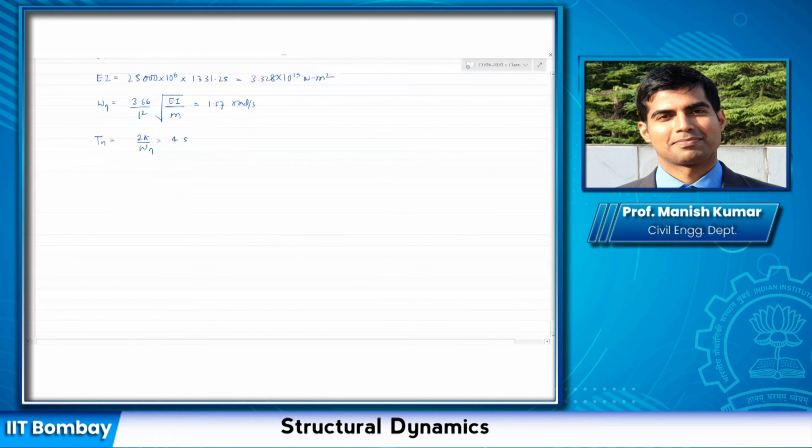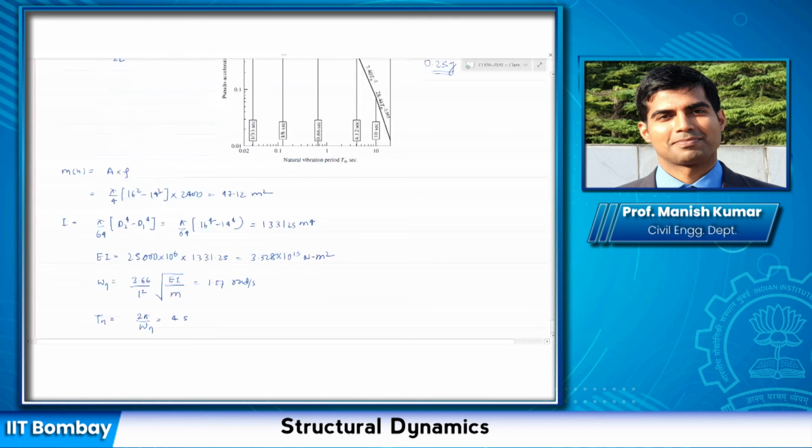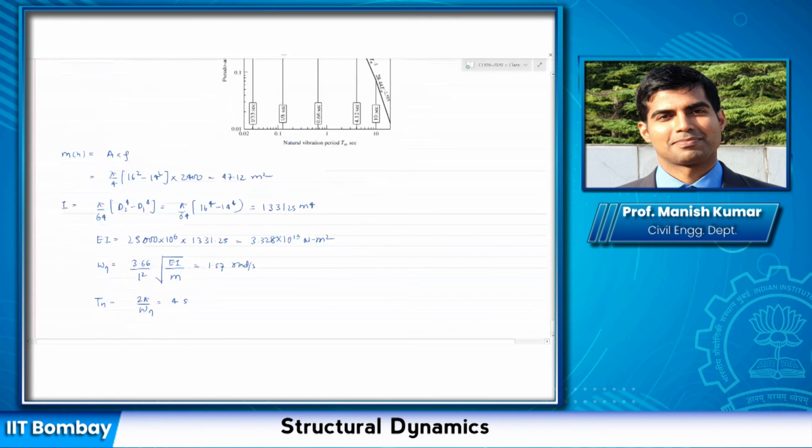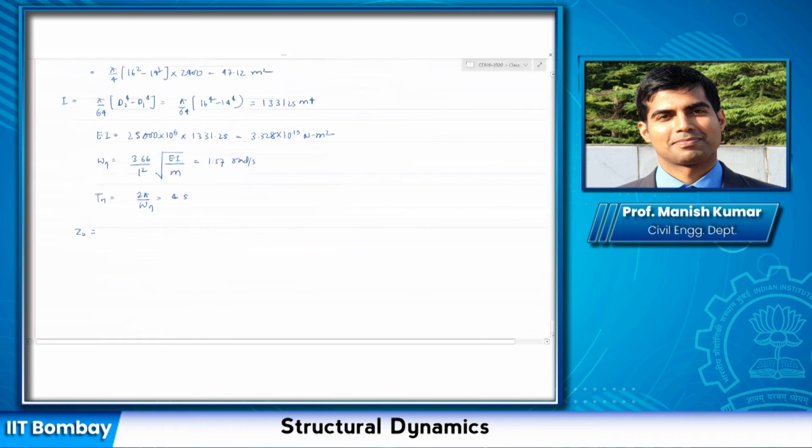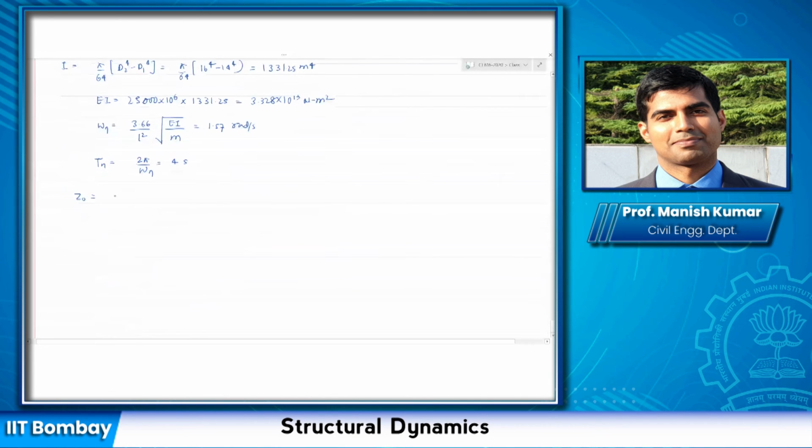Now I'm going to look at the response spectra to find the peak value of Z0. Remember, the peak value of Z0 would be gamma equivalent times D, or I can also write this as A divided by omega n square.